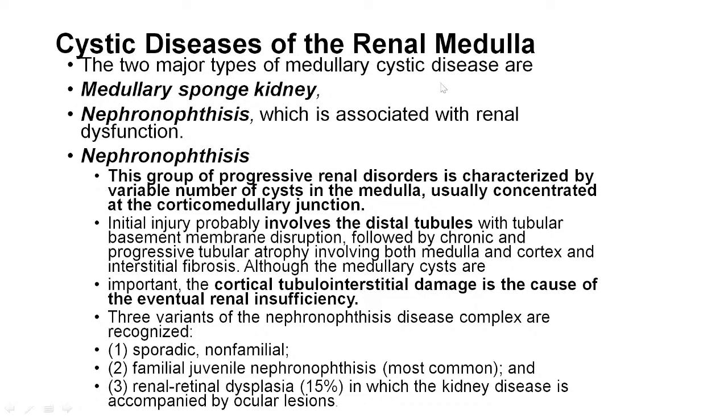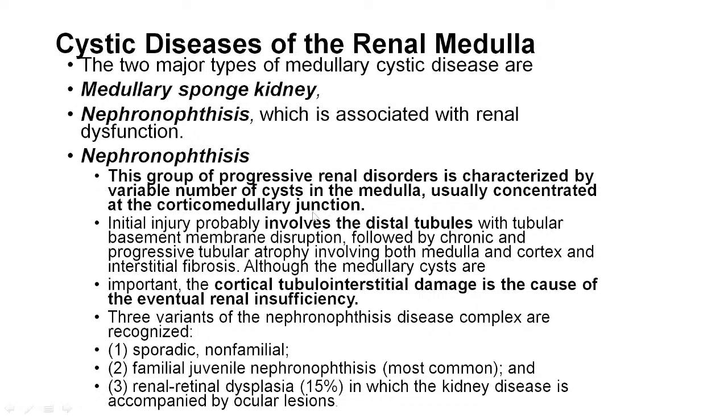There are two major types of medullary cystic kidney, medullary sponge kidney and nephrophthisis. Nephrophthisis is what? Nephrophthisis is a scenario associated with a certain group of renal dysfunction classified as progressive renal disorder, which has a variable number of cysts in the medulla, not cortex, usually concentrated at the corticomedullary junction.